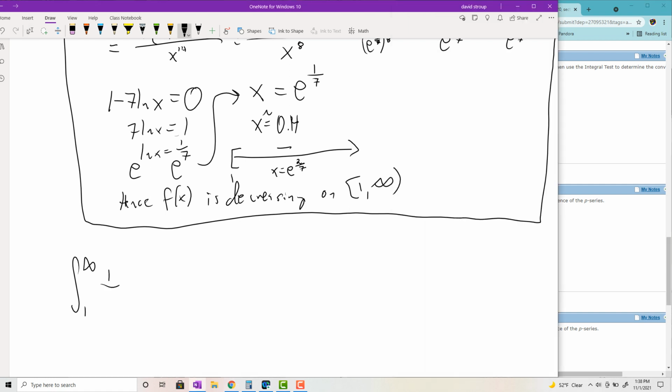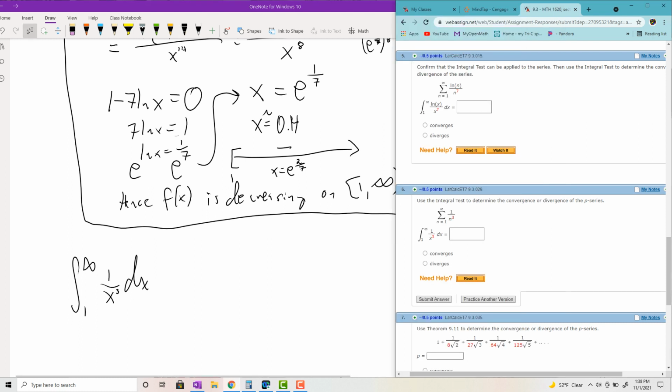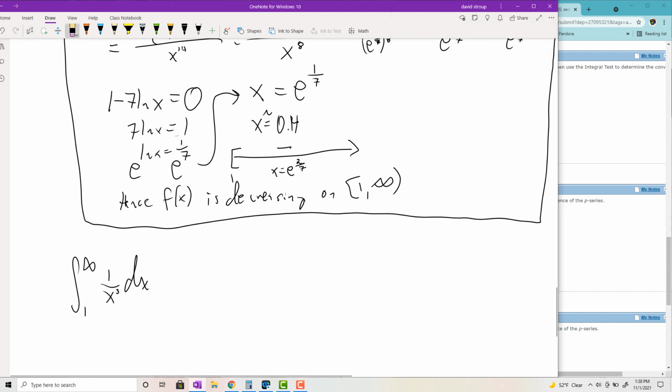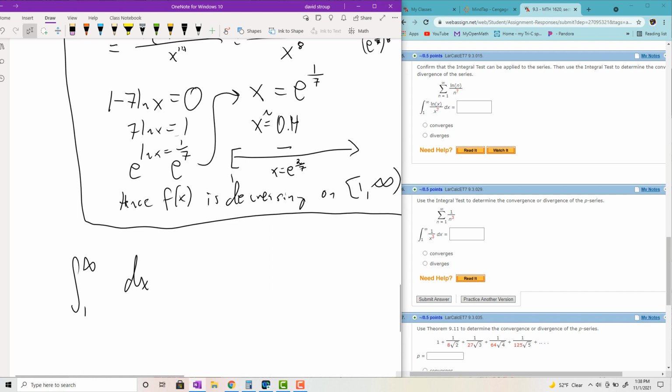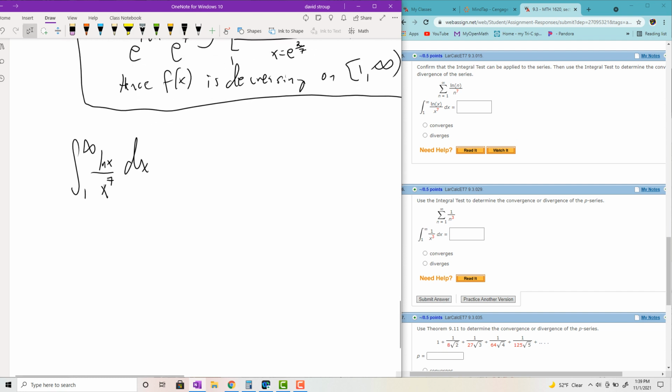So we have 1 over, in my opinion, there's a series 1 to infinity, 1 over x cubed dx. Whoops, that's the wrong one. That's what happens when I can't see the board. Here, let me push this over. What do we have? ln of x over x to the 7th. Looks like we're going to have to do integration by parts on that.